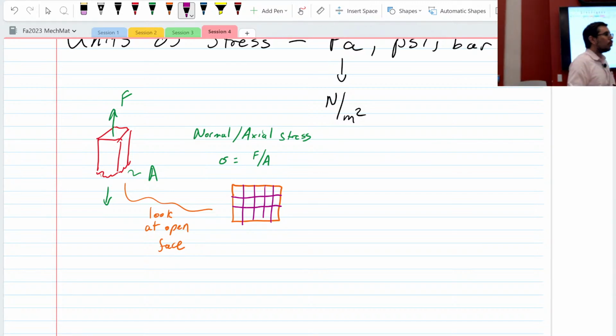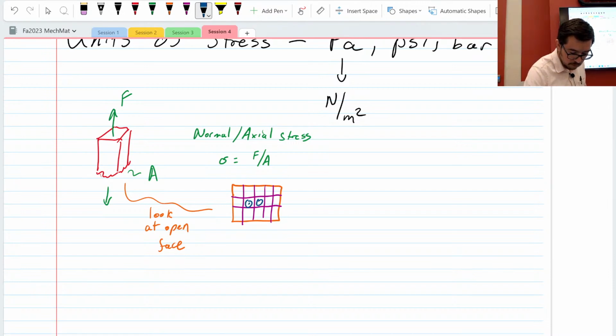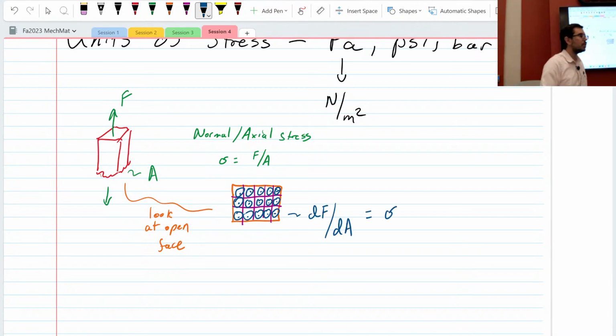If I look at the vectors coming out of this face, there could be all these little dFs, all these small forces coming out of this face. If I have these small dFs and these small dAs, I can say I have some stresses over this face. For our intents and purposes, we're just going to approximate that as force divided by area.